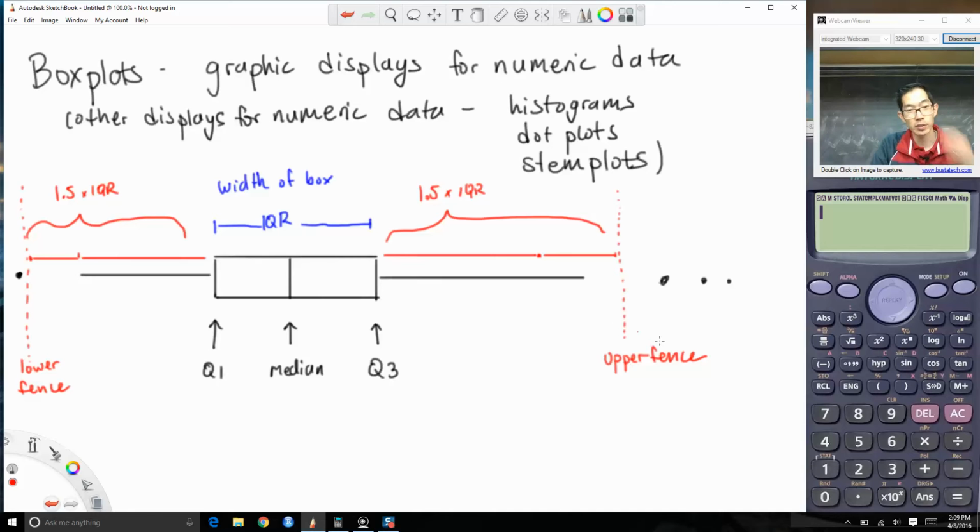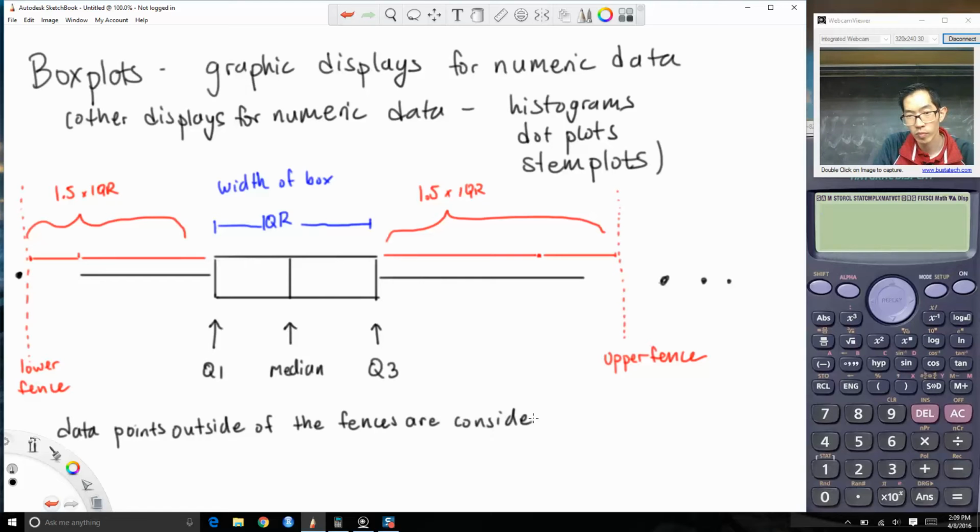Any data points outside of the fences are considered outliers. Well, I should say potential outliers, but for most intents and purposes, they can be considered outliers.